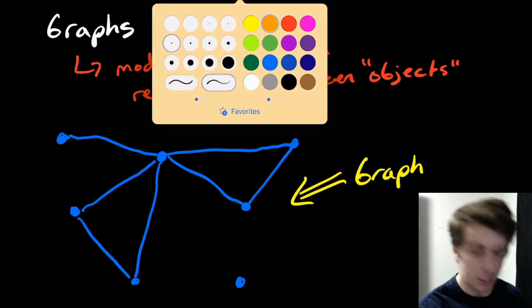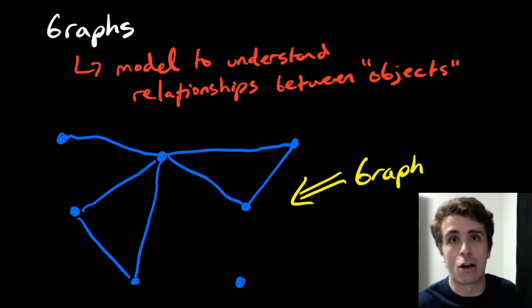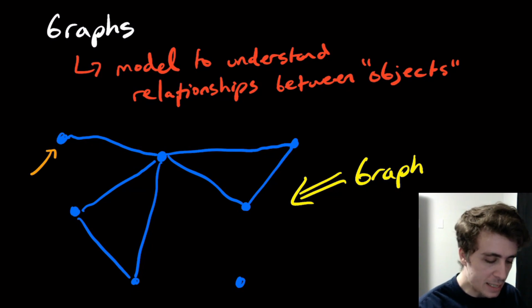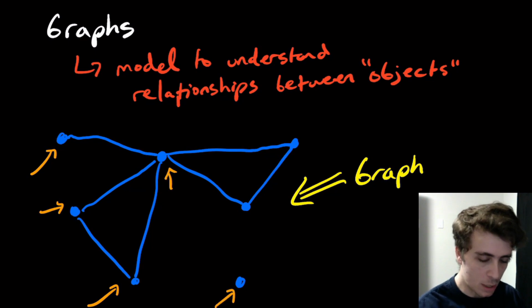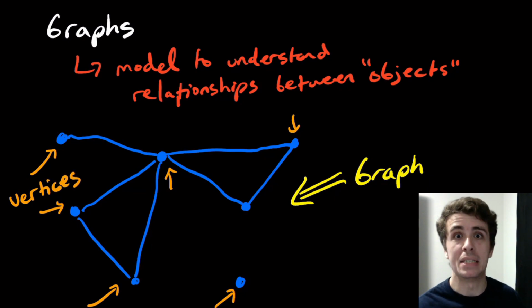So let's talk about some of the definitions, because we've got to understand definitions in order to understand algorithms and other things about graphs. Each of these points, instead of calling them points, we're going to call them vertices, and each one of them is a vertex.